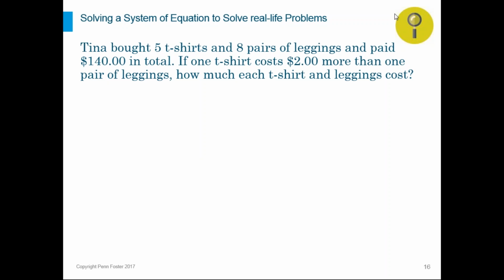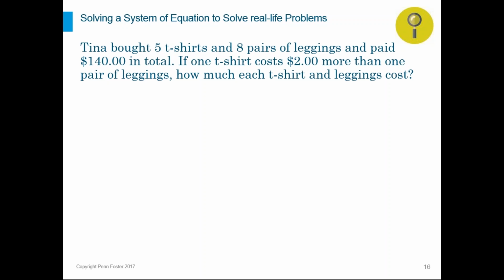Tina bought 5 t-shirts and 8 pairs of leggings and paid $140 in total. If one t-shirt costs $2 more than one pair of leggings, then how much does each t-shirt and each pair of leggings cost?